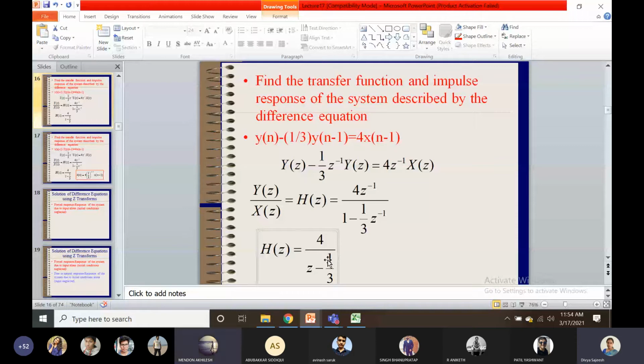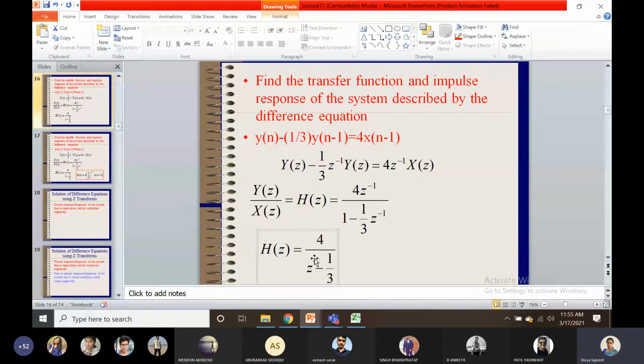Yes, ma'am, because then we have the form z by z minus a, and we know that multiplying by z inverse gives a shifted signal. So after getting the inverse for z by z minus 1 by 3, we can shift the signal. Yes, correct. I think we have not done this kind of numericals, so maybe that is why everyone has done it wrong.